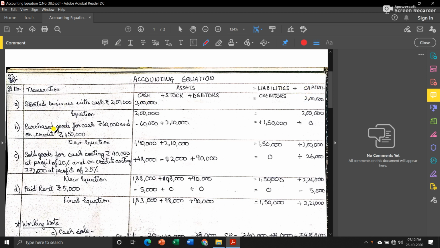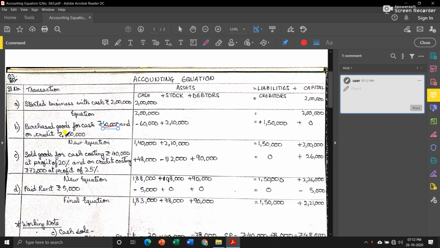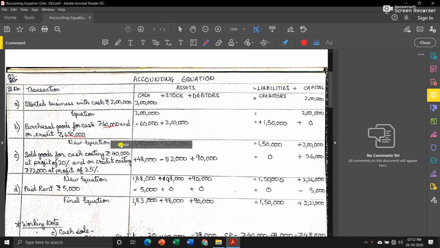Then second transaction says that purchase goods for cash rupees 60,000 and on credit 1,50,000. So for cash he purchased goods worth rupees 60,000. For that he made payment of 60,000 immediately, but for 1,50,000 he has to pay in future.